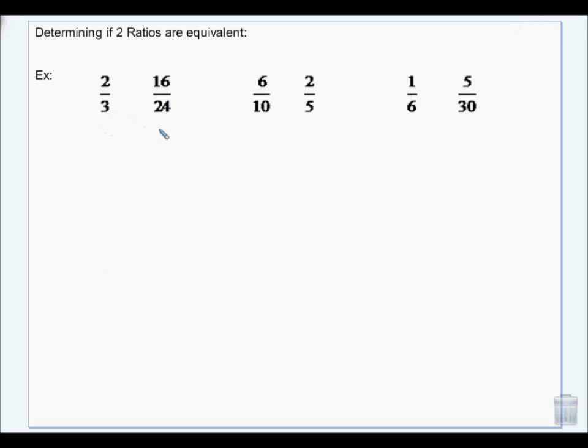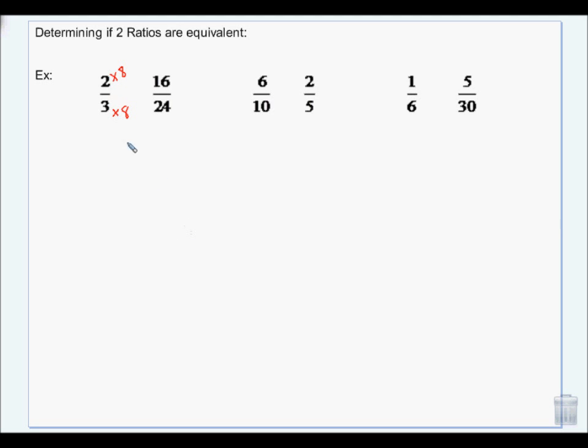Okay, there are two ways to do this. You can look at this and say, if I take 2 and multiply it by 8, I'll get 16. And if I take 3 and multiply it by 8, I'll get 24. Since these two numbers match, yes, it's equivalent.